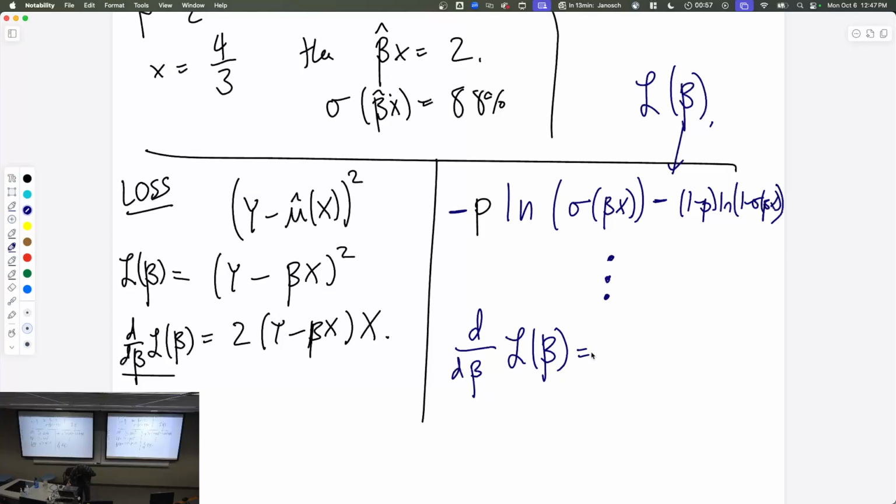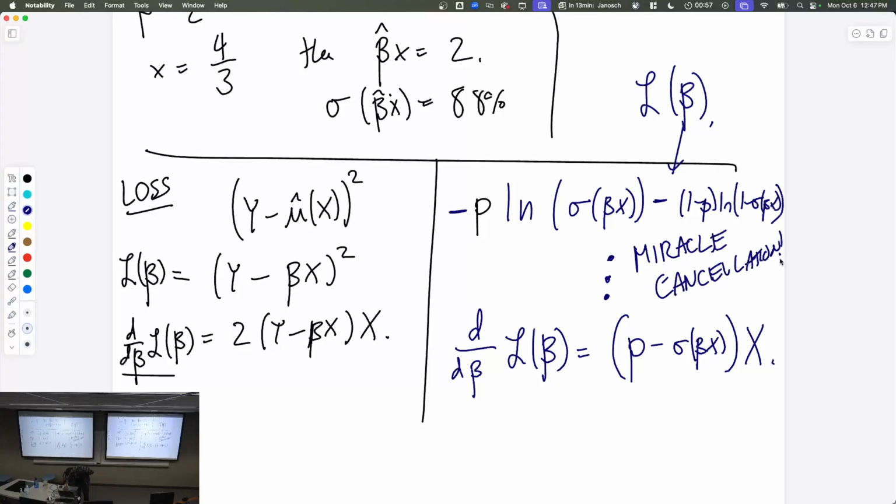The formula is p minus sigmoid of beta x, times x. So a miracle cancellation happens.